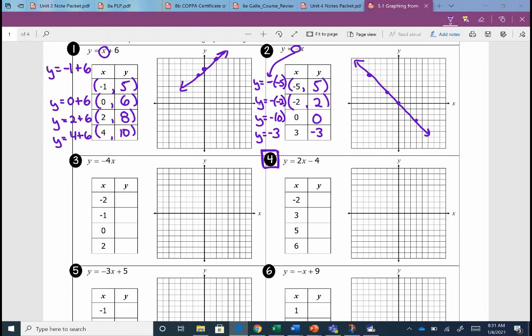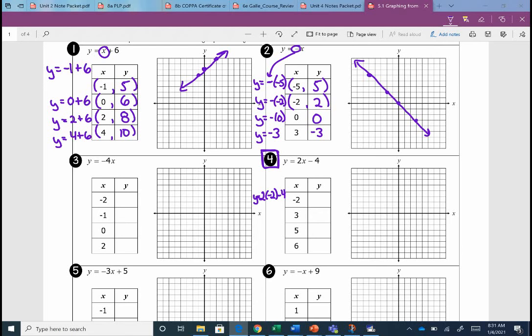I'm going to put everything else the same. 2 times -2 minus 4. Y equals, remember, when the 2 is right next to the x, it means we're going to multiply.